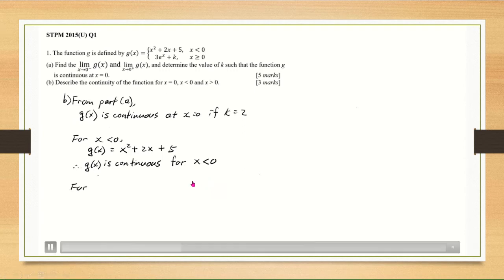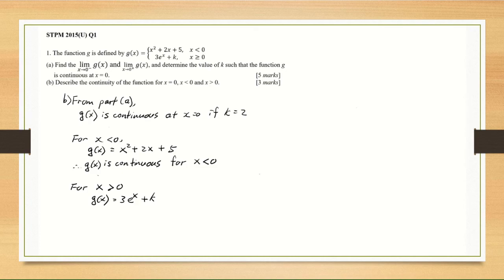Now we go to x greater than 0. When x greater than 0, the function is 3 e power x plus k. Since k is a constant, we need to consider all the values of k to determine the continuity of this function.